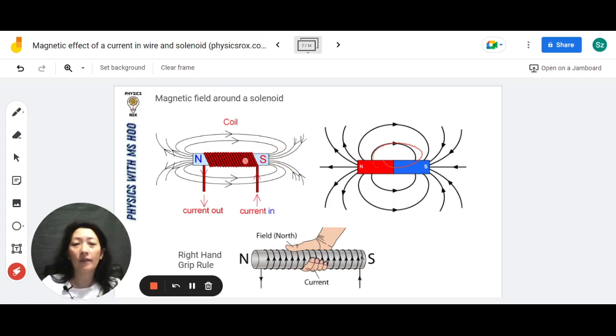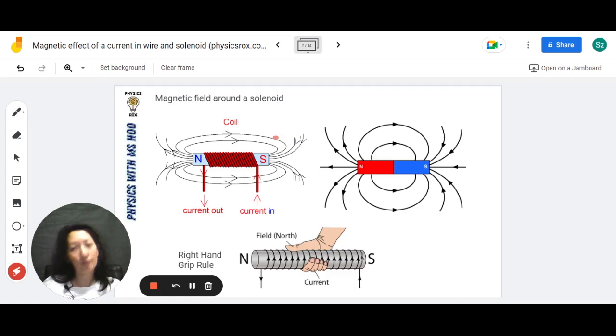Because the magnetic fields formed around the solenoid are very similar to a permanent magnet, this means that the solenoid, once it has formed magnetic fields, will behave just like a permanent magnet. Because a permanent magnet has polarity, and polarity here means it has a north pole and a south pole, that means that the solenoid will also have a north pole and a south pole. How to determine this?